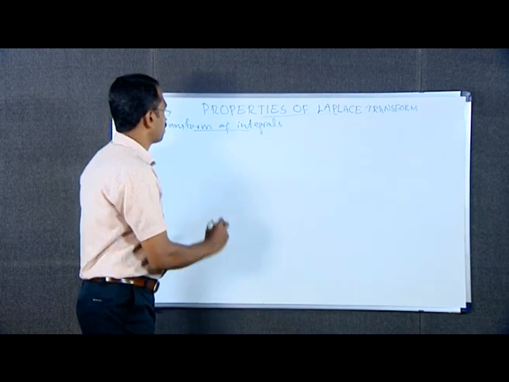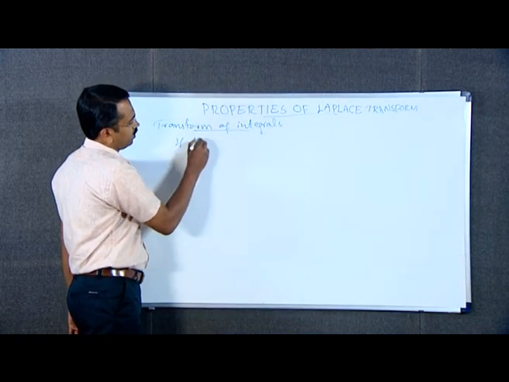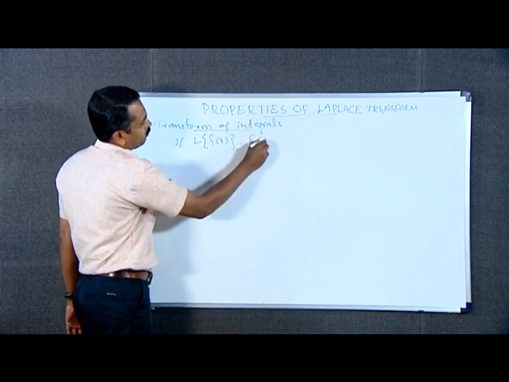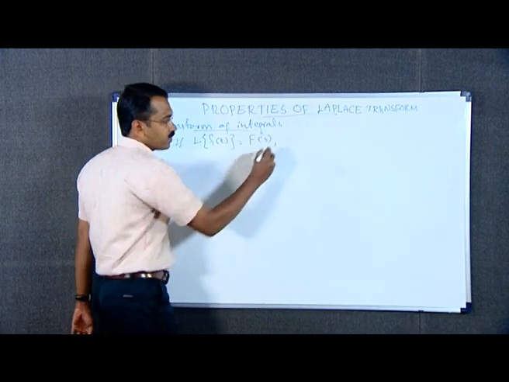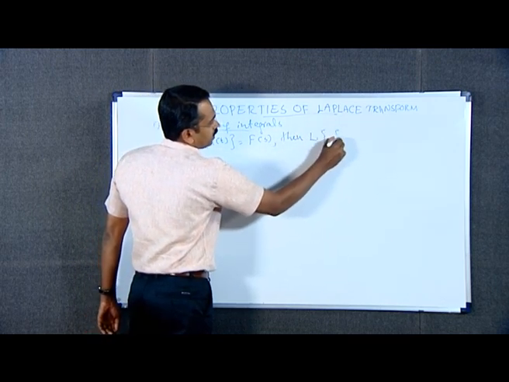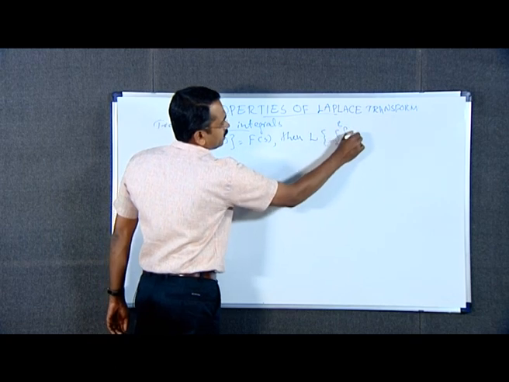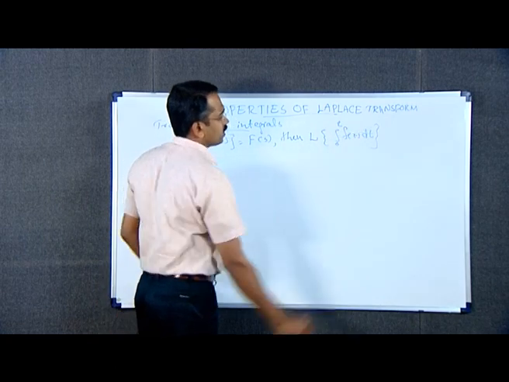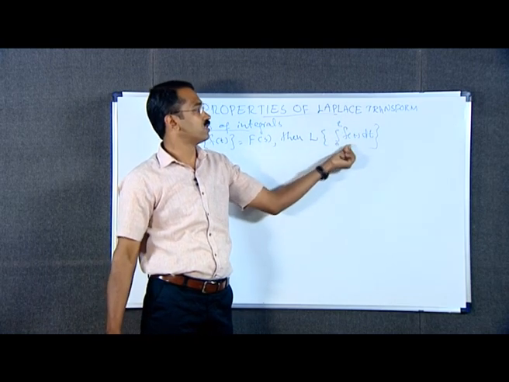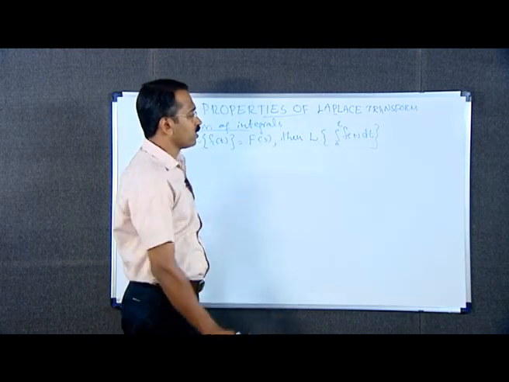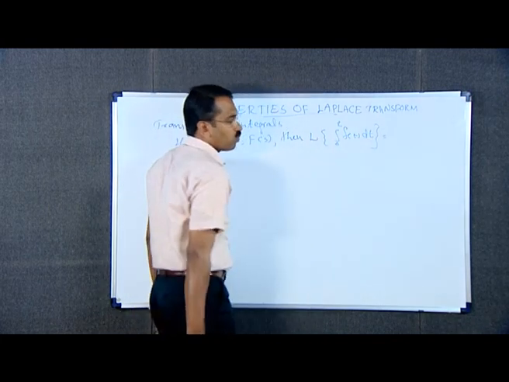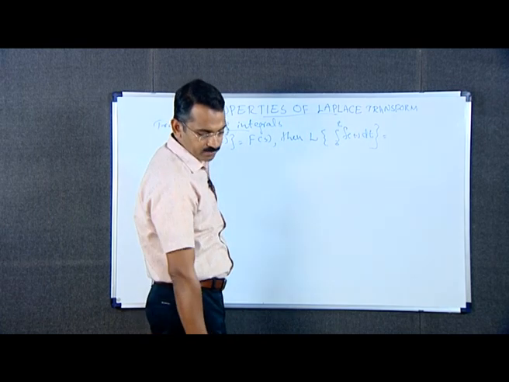If the Laplace transform of f(t) equals F(s), then the Laplace transform of the integral from 0 to t of f(t) dt, that is, we just integrate f(t) between the limits 0 and t with respect to t and take the Laplace transform, is equal to 1 by s into F(s).